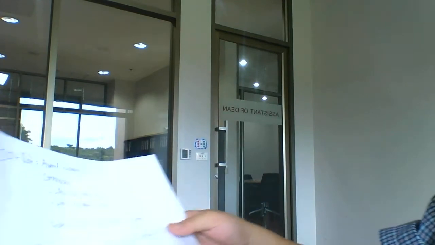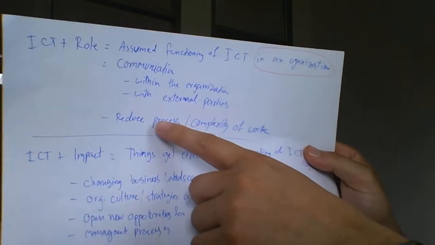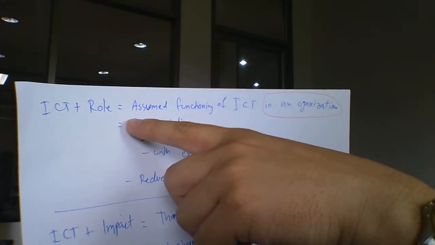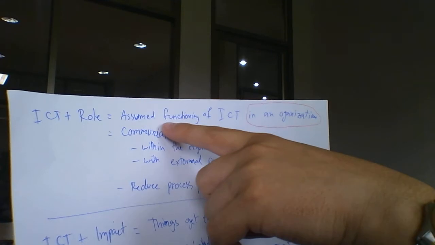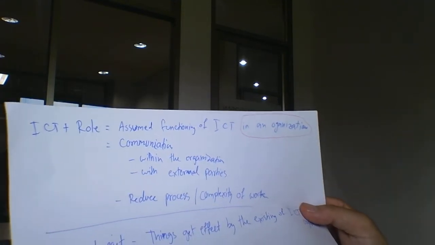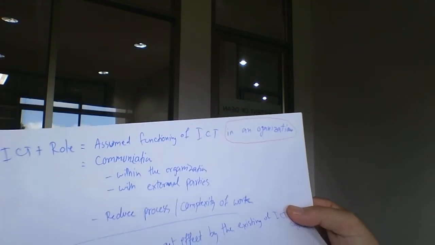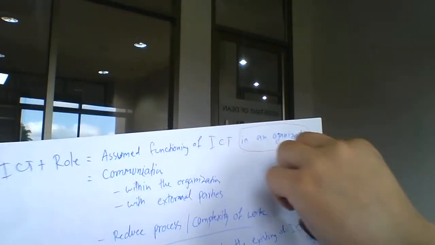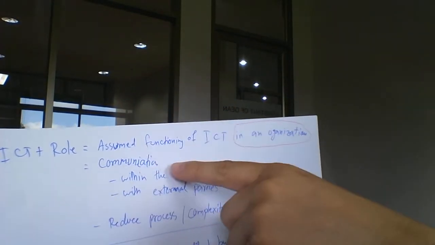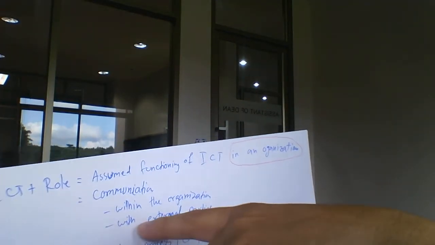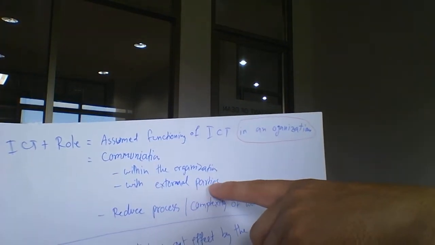Okay, then we talk about the process concept. There are two here I made. One is ICT and role. Role of ICT is the assumed functioning of ICT in an organization. Because we talk about ICT and organization, ICT is used for communication. This I got from an article. This communication can be within the organization, between organization members, or with external parties.